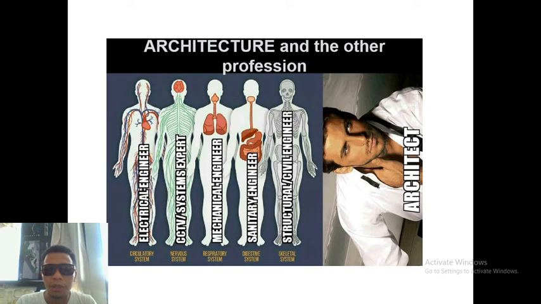So when you talk about being an architecture profession or becoming an architect, we have these allied professions or professionals that we need to be with us in accomplishing the design or direction of the building to be successful and that it will meet the needs of the users later on.